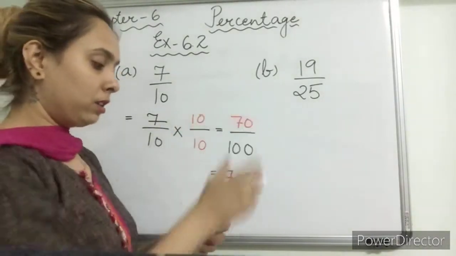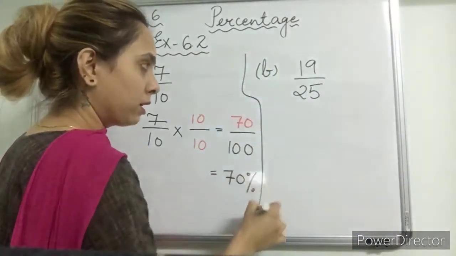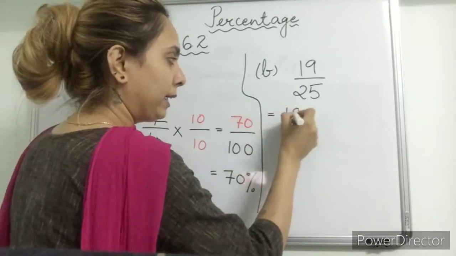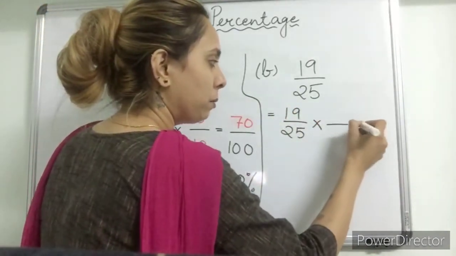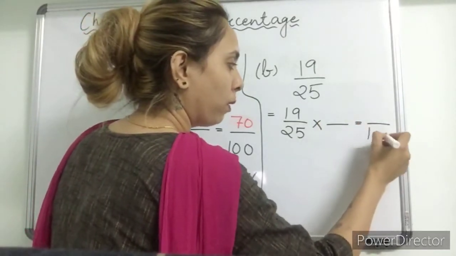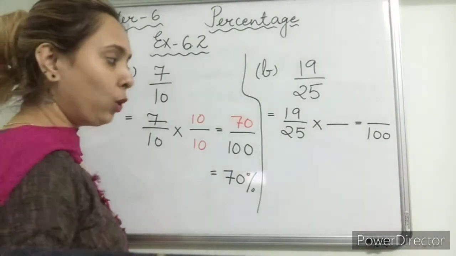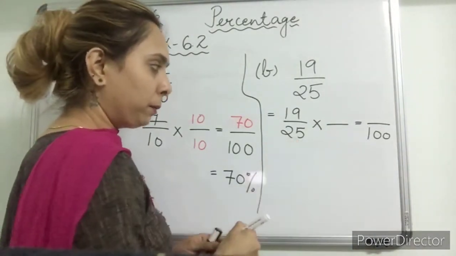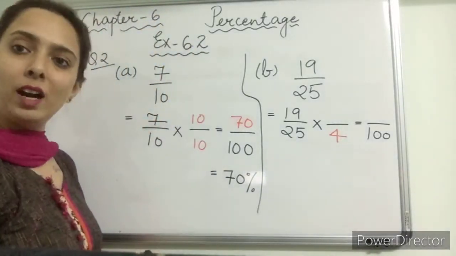So I will explain one more question, that is the B part. I will copy 19 upon 25 again, multiply, fractional bar is equal to upon 100. So you all must know 25 will be multiplied by 4. Okay, so we will get 100.